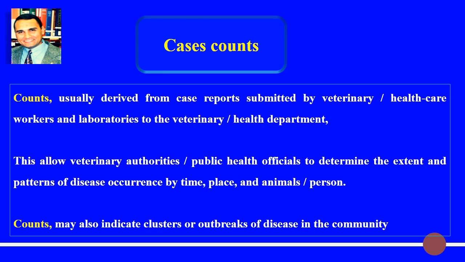Counts are also valuable for health planning. For example, a health official might use count numbers to plan how many infection control or isolation units, or doses of vaccine, may be needed.